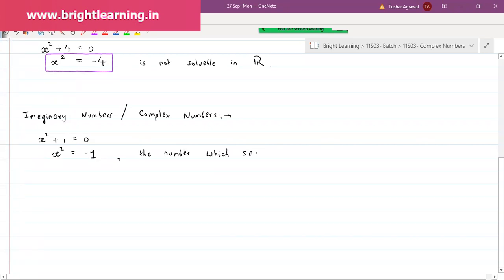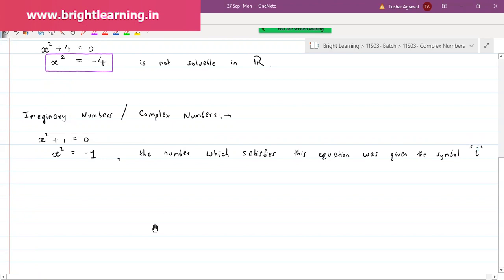The number which satisfies this equation was given the symbol i, for iota.